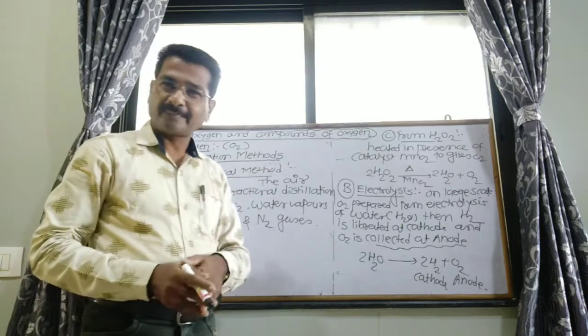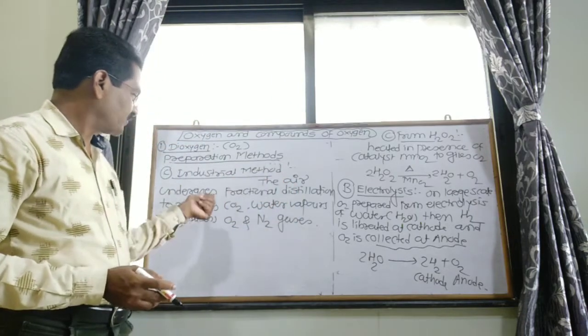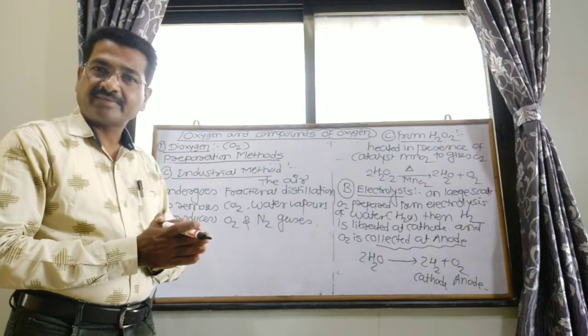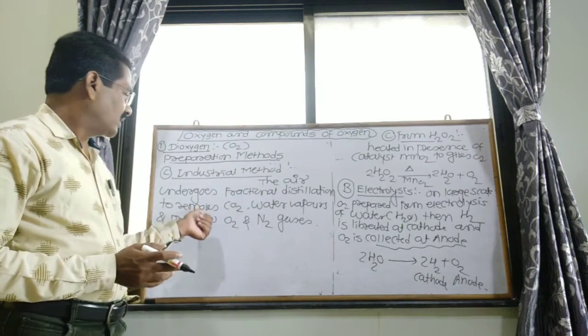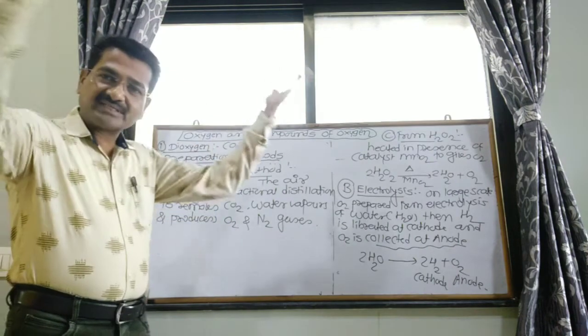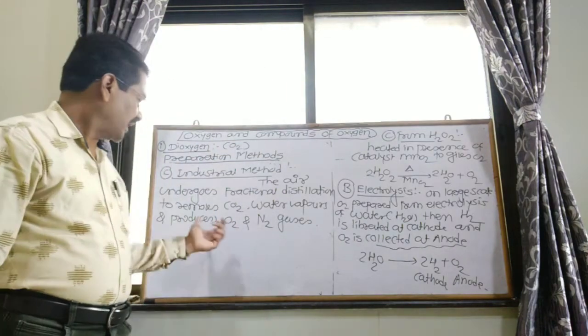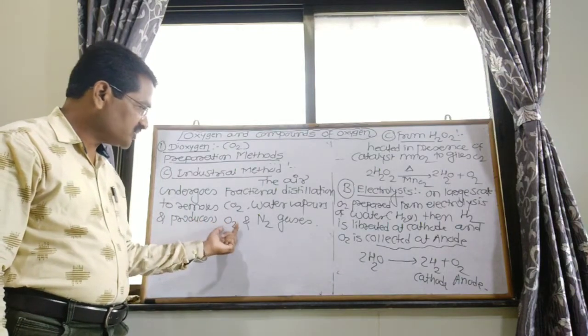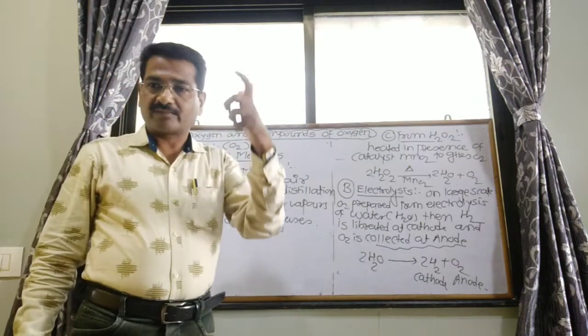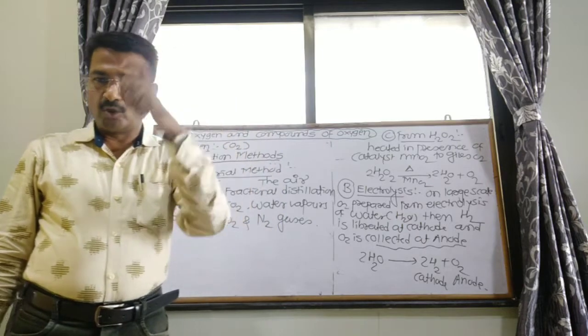See again: whenever the air undergoes fractional distillation, carbon dioxide and water vapors are removed from that air, and we get or produce oxygen and nitrogen, O2 and N2.